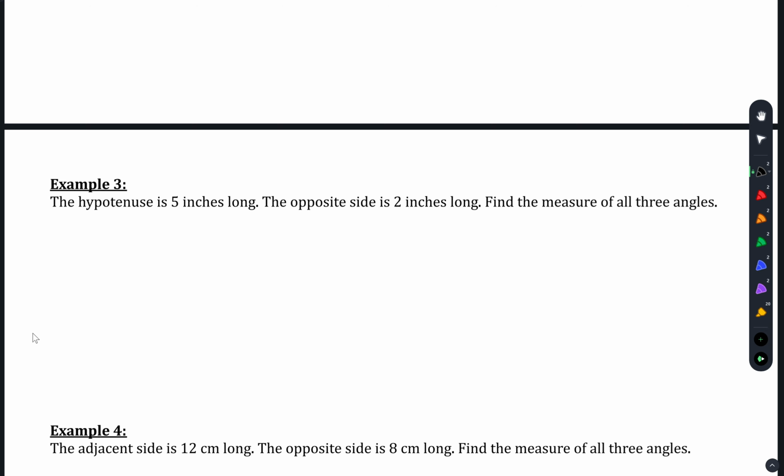Does anybody know what all three angles in a triangle add up to? Always? 180. So any triangle that we have will always equal 180 degrees.